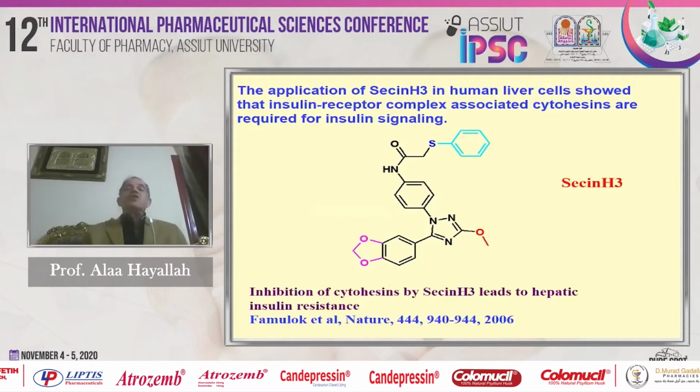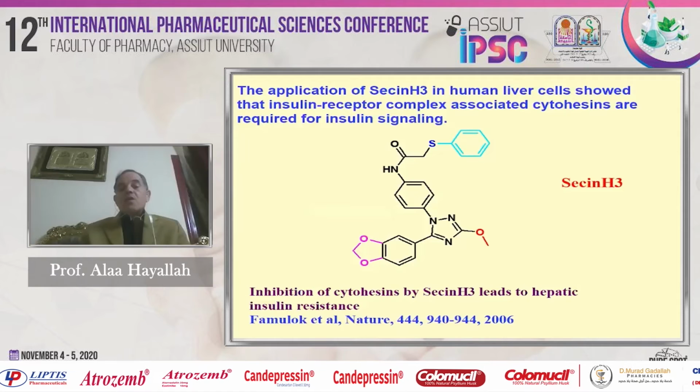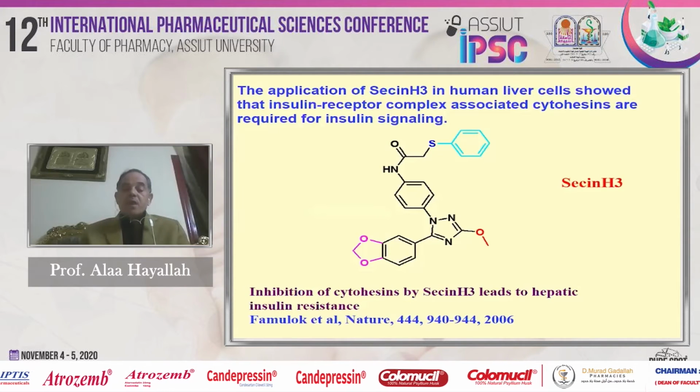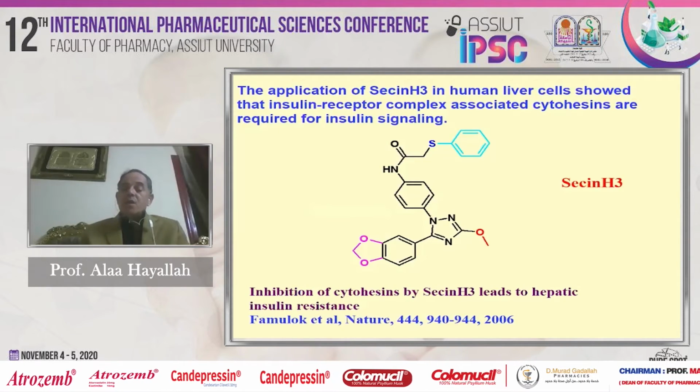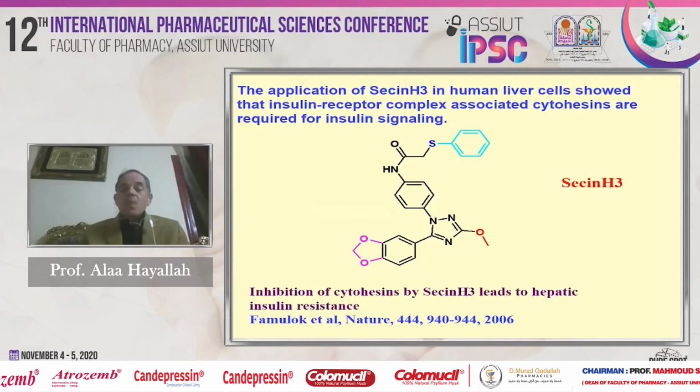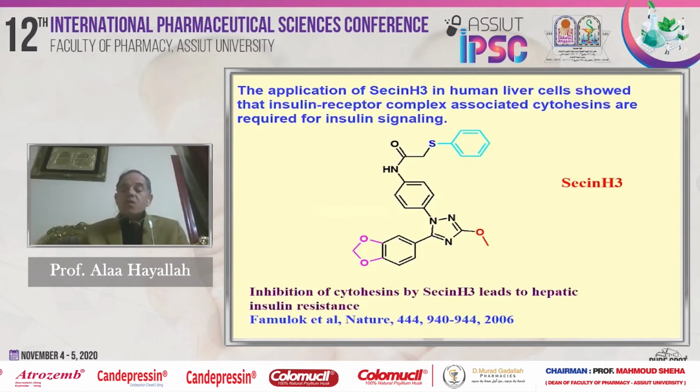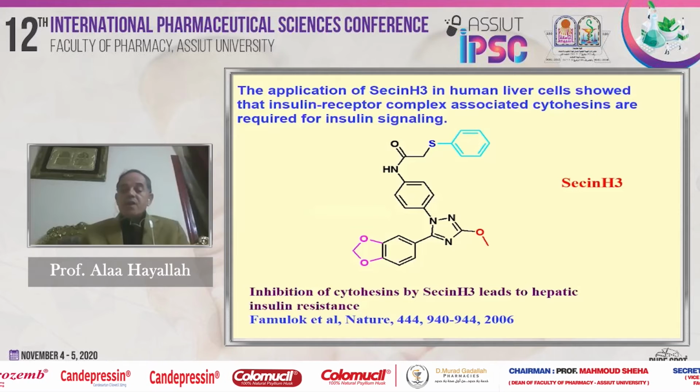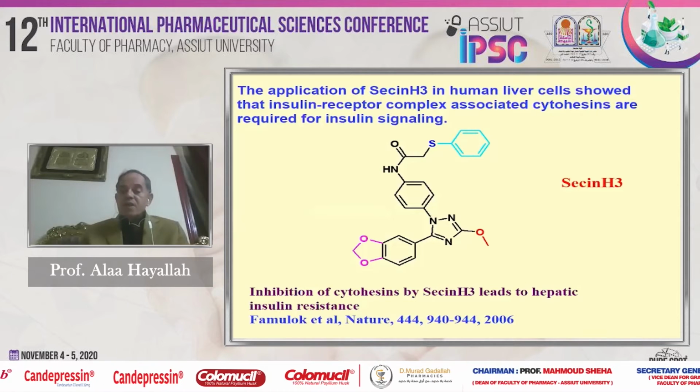The history of SecinH3 and its application started with a publication by Hafner in Nature in 2006. Inhibition of cytohesin by SecinH3 leads to hepatic insulin resistance.